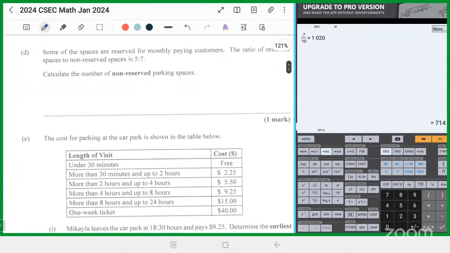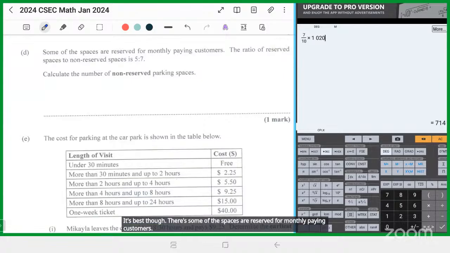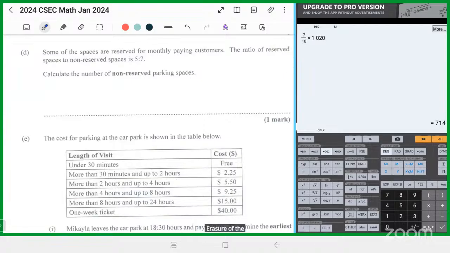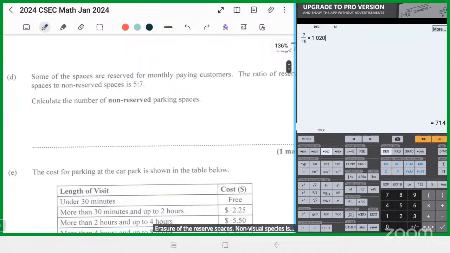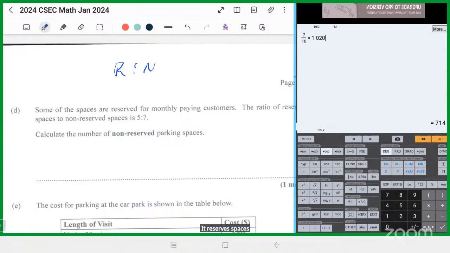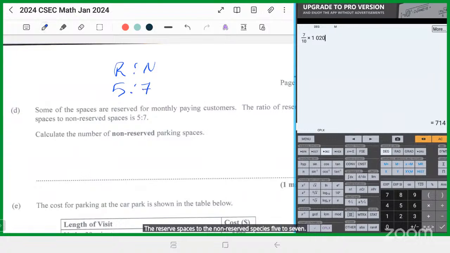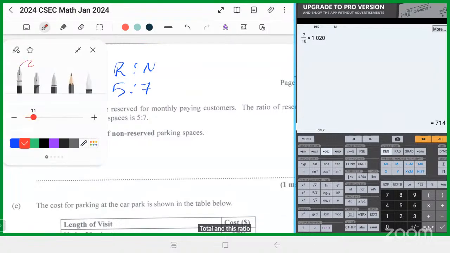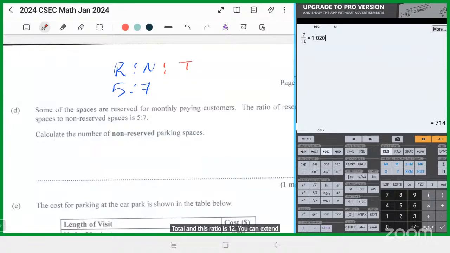Some of the spaces are reserved for monthly paying customers. The ratio of the reserved spaces to the non-reserved spaces is 5:7. That's the example. The reserved spaces to the non-reserved spaces, 5:7. Total on this ratio is 12. We can extend the ratio to show the total.